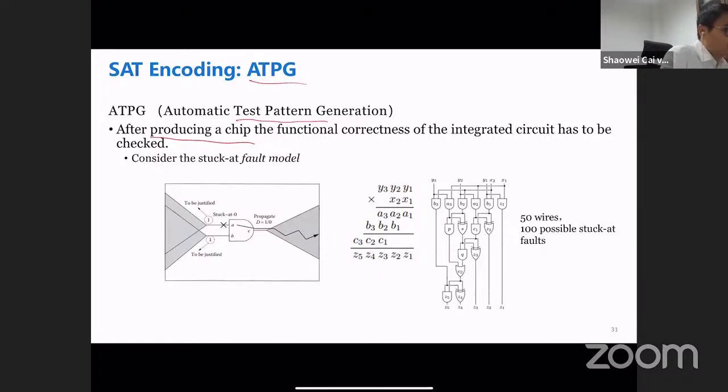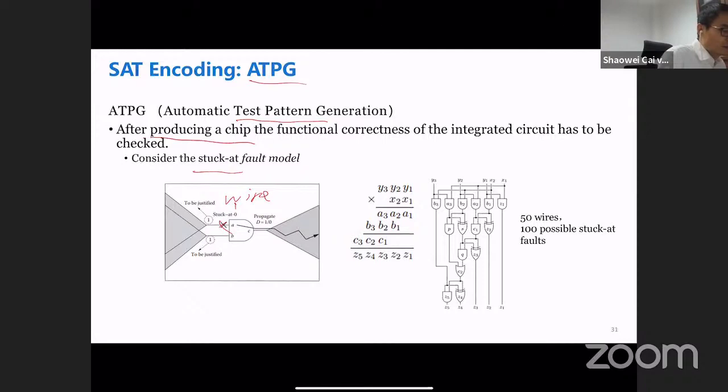A very typical fault model is called stuck-at. In a circuit, a stuck-at fault is that a wire just loses function. It is either stuck at 1 or stuck at 0. If it's stuck at 0, that means this line is just broken, damaged. Then for a circuit, if we want to cover all possible stuck-at faults, we need to check all the wires.